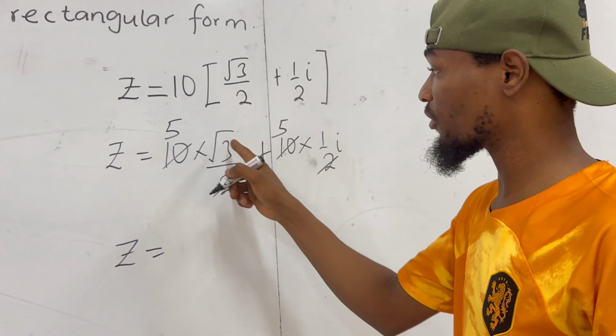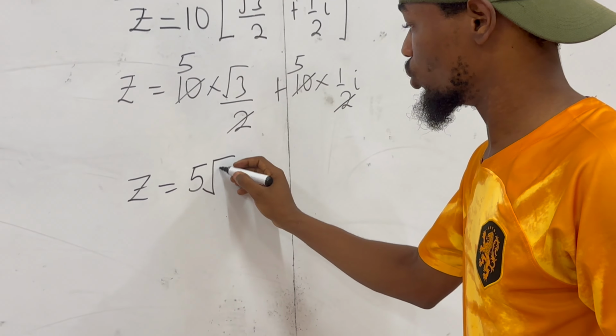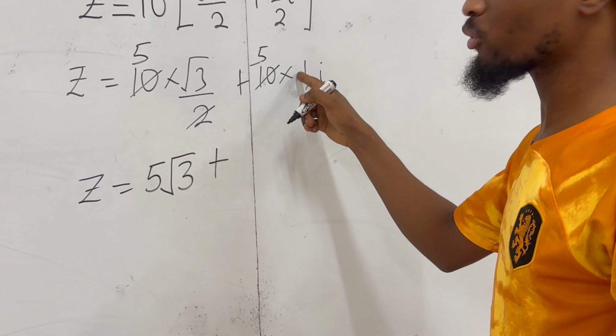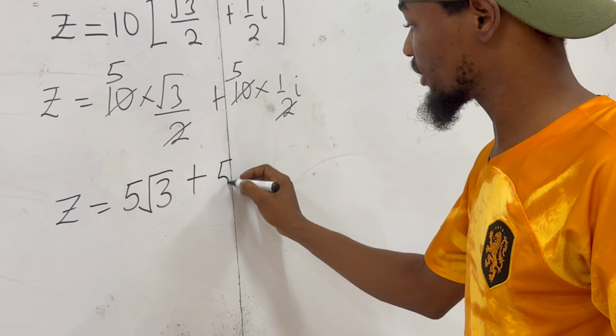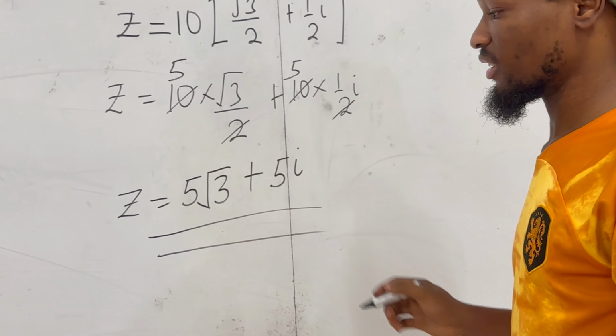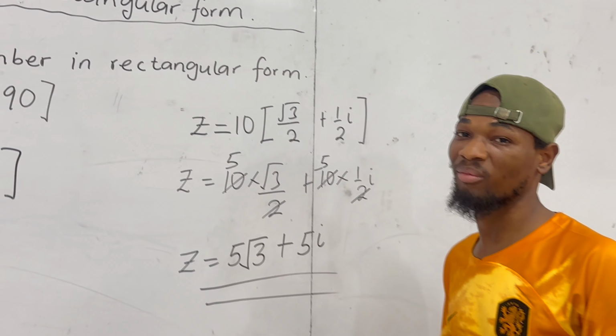So I have 5 times root 3 gives what? 5 root 3. Then plus 5 times 1 times i gives what? Gives 5i. This is in the rectangular or the Cartesian form.